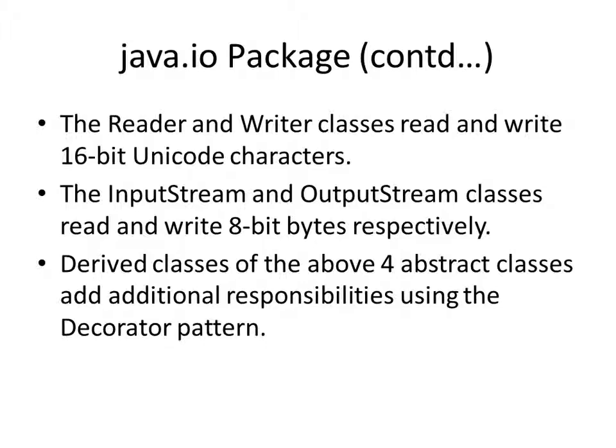And the way the derived classes work is there's a design pattern called the decorator pattern. In the decorator pattern, you wrap an object inside another object, and the new object gets additional responsibilities. I'll explain this with an example a little later.